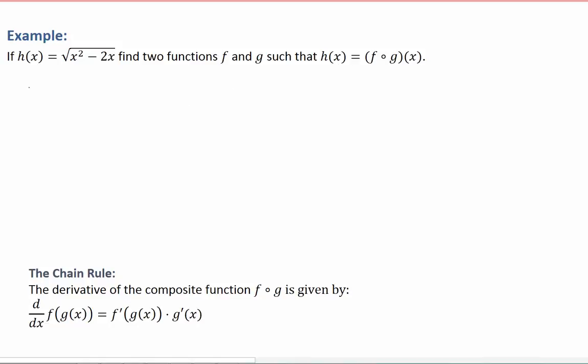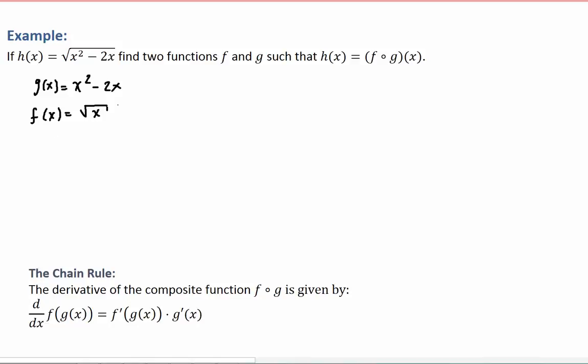So for example, you could choose g of x to be the inside, x squared minus 2x, and you could choose f of x to simply be the square root of x. And you see that if you do f following g, then you would actually have h.